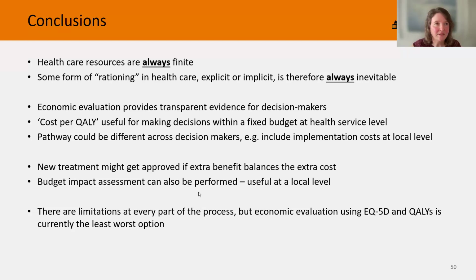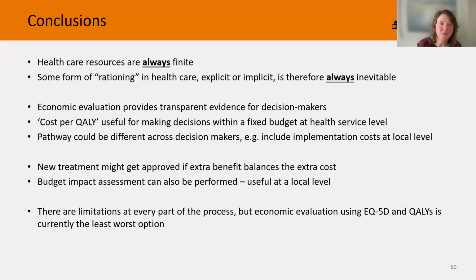Okay, and conclusions. This is the last slide. Healthcare resources are always finite. We talked at the very beginning about budgets and making decisions between spending on option A or option B. There's always a decision, and there's always an opportunity cost. Every decision that is made in terms of how healthcare services are organised, how much they cost, and what they are, has an opportunity cost where you could have done it a different way.